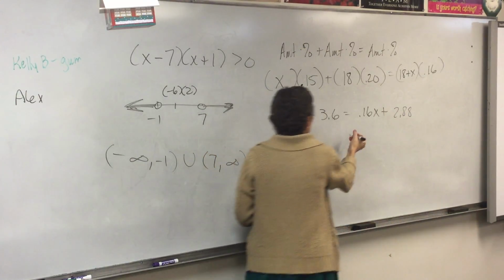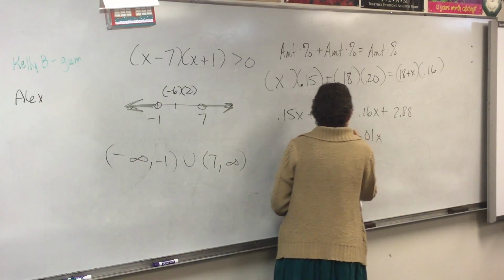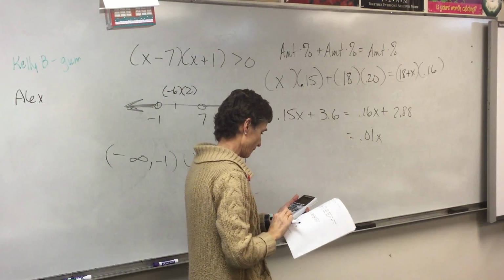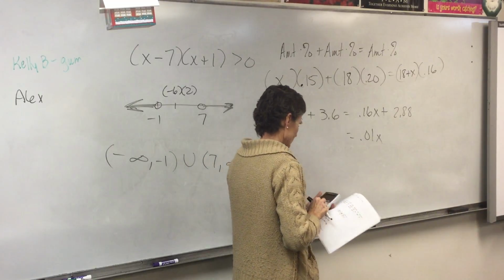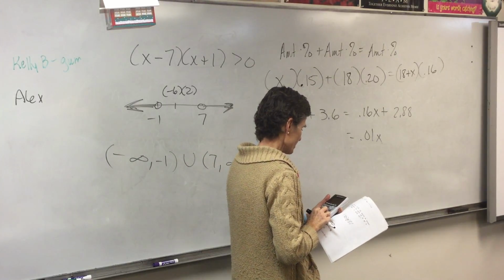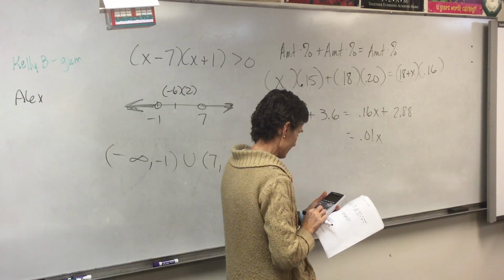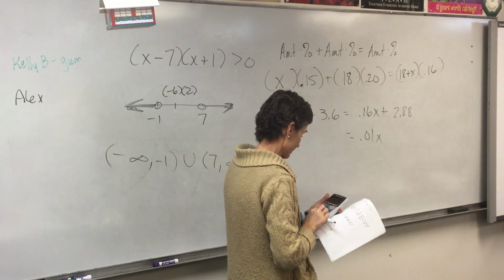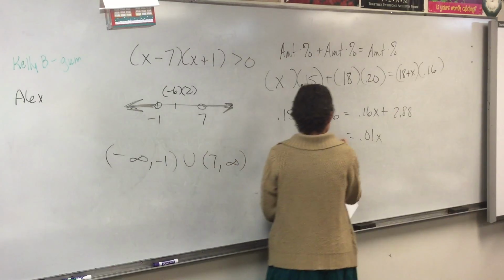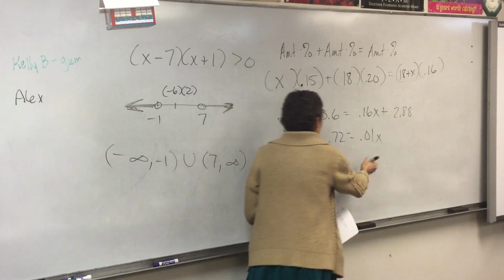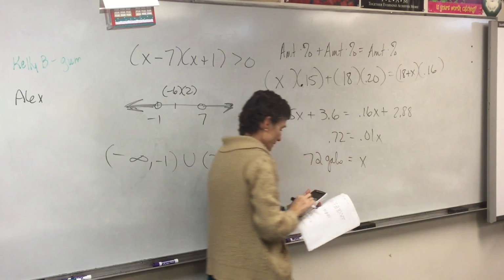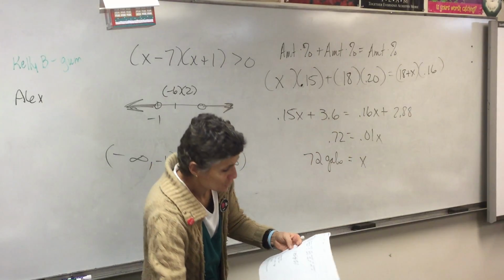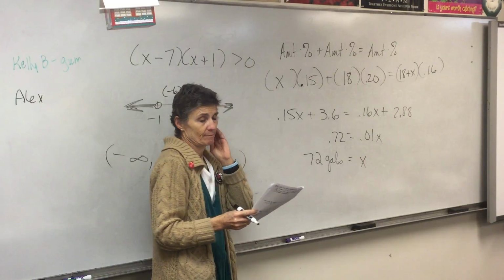So 0.01x equals 0.72. So x equals 72 gallons. The answer is 72 gallons.